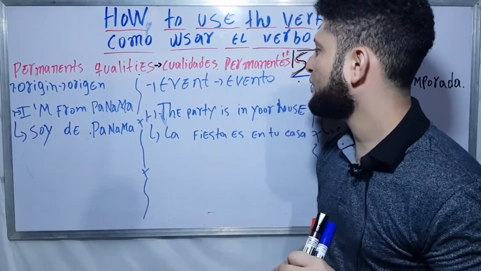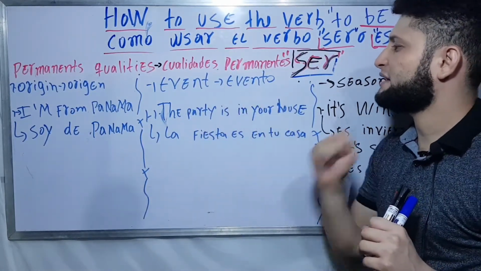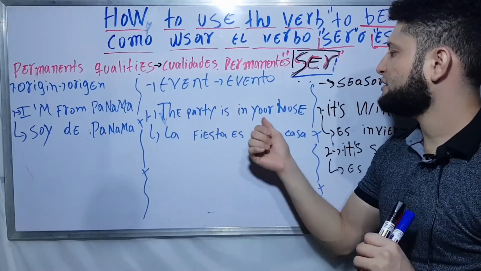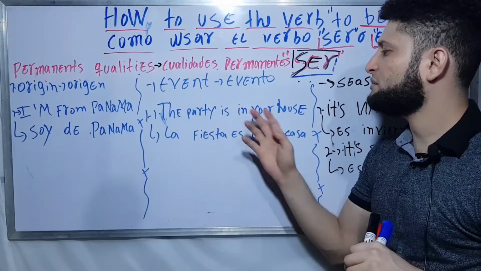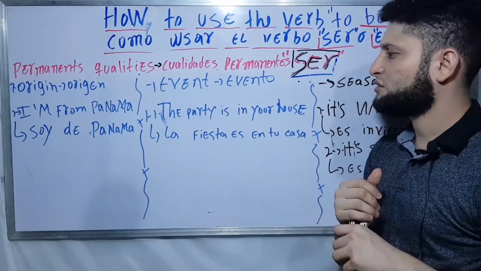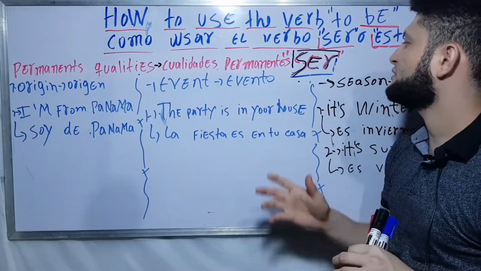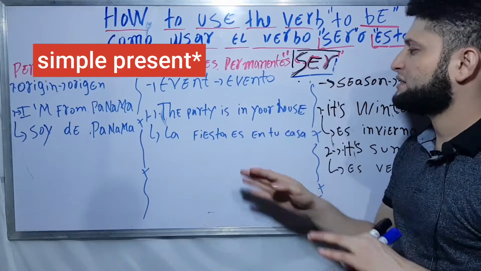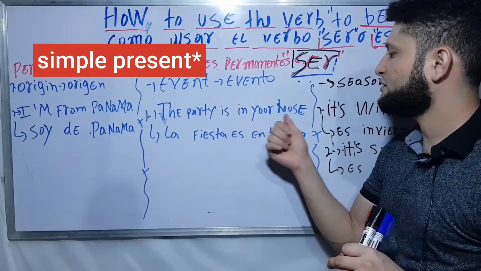Now with event. In Spanish, evento. For example, the party is in your house. Maybe it sounds much better to say the party will be in your house, but we are practicing the verb be, or in Spanish ser, but in simple past. So the party is in your house.